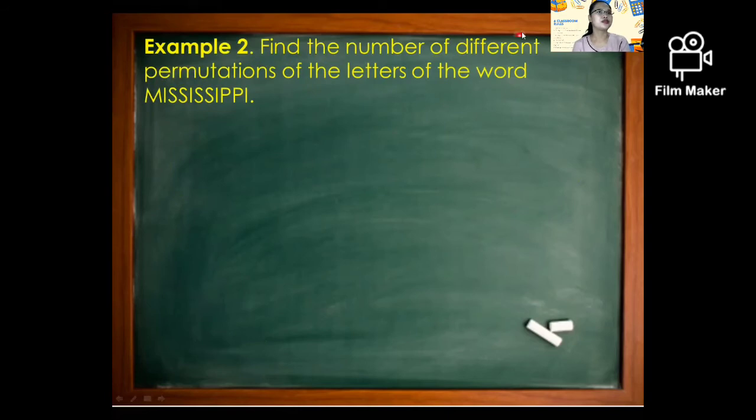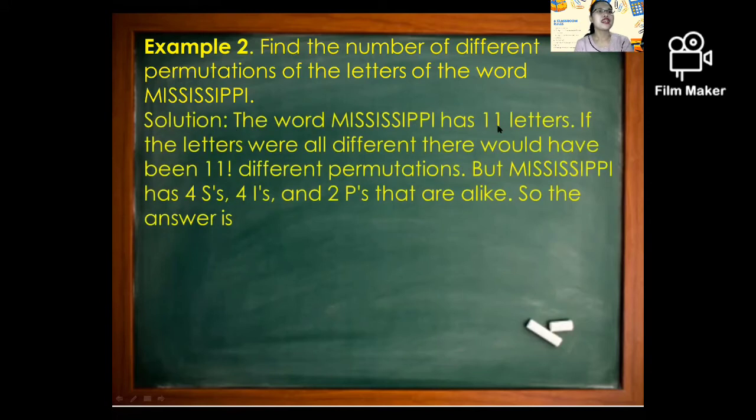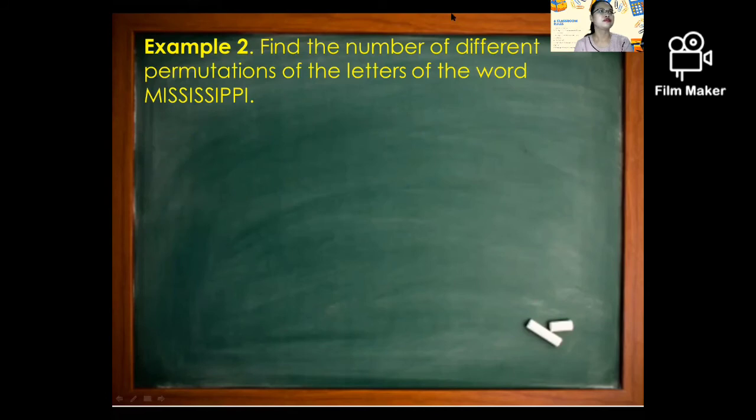Example number 2. Find the number of different permutations of the letters of the word Mississippi. The word Mississippi has 11 letters. So, tingnan natin yung 11 letters na yan.